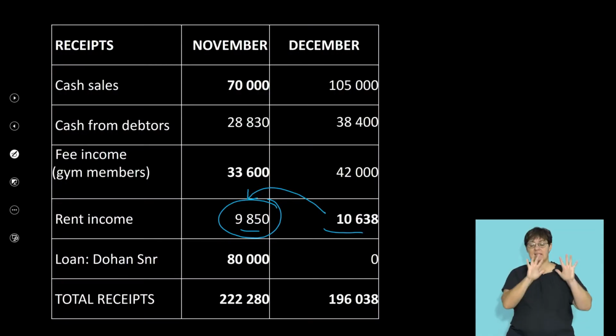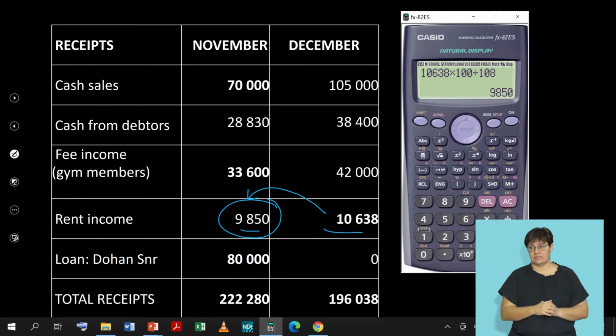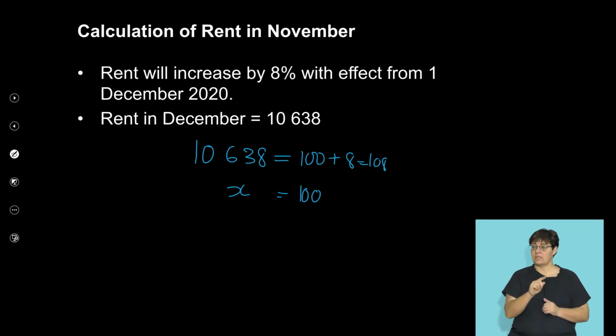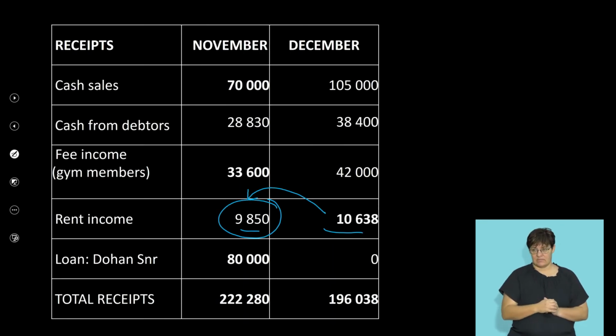What you'll do is, you'll take the 10638 minus 9850 will give you an increase of 788 times 100 divided by 9850, and clearly you can see you're getting an 8% increase. Right? You're getting what we call here an 8% increase.